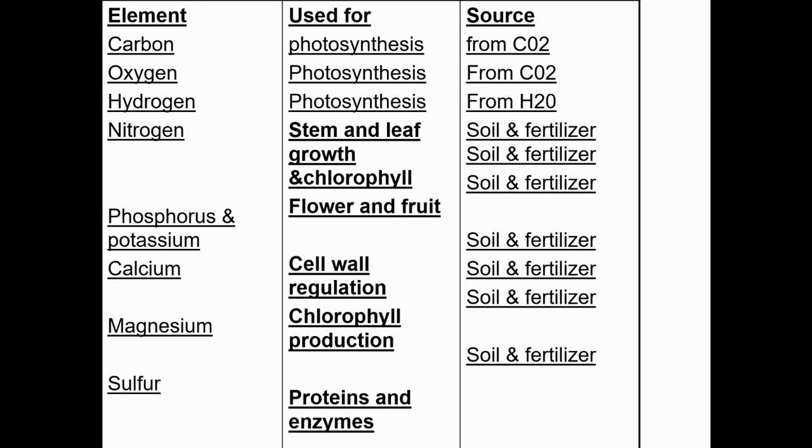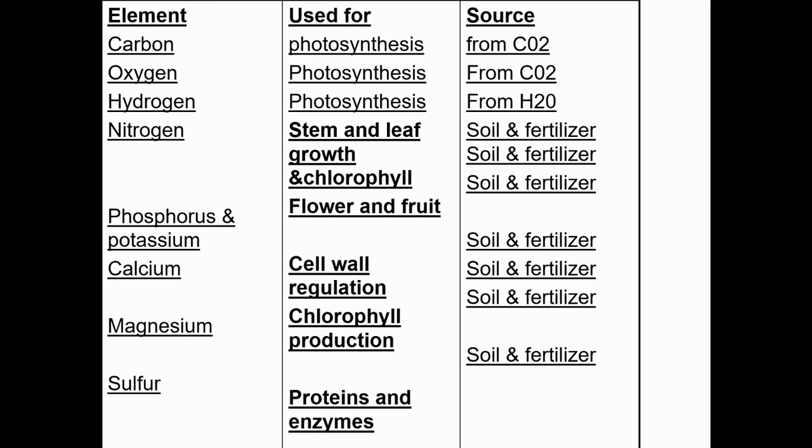So let's look at what these things are used for in the plant. So of course, carbon, oxygen, hydrogen, right? All of those things come from either water or from the air, and those are all used in photosynthesis. But nitrogen is important for stem and leaf growth and the manufacture of chlorophyll.